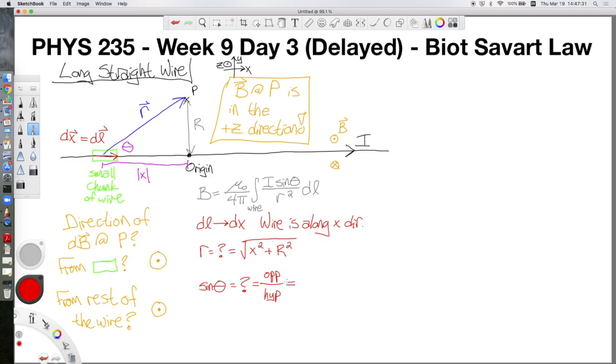So if this is our angle right here, then this side is our opposite and this side is our hypotenuse. So the opposite side is literally just R, and the hypotenuse is the square root of x squared plus R squared.